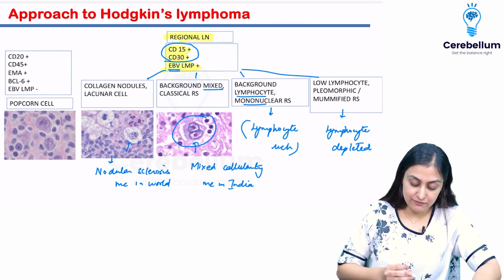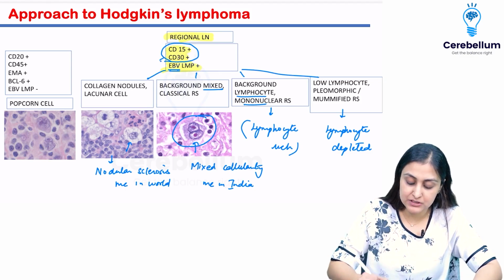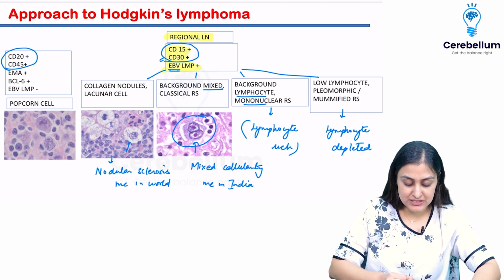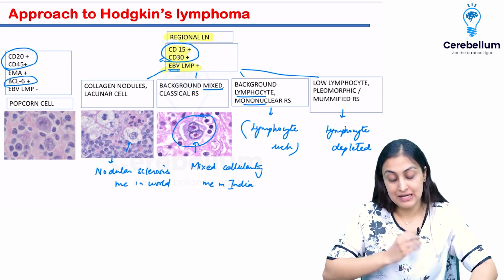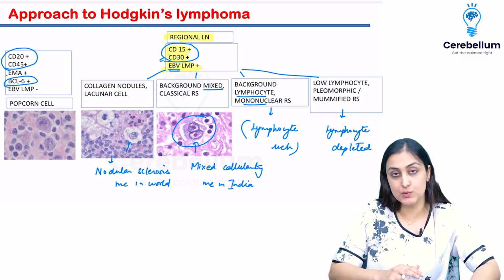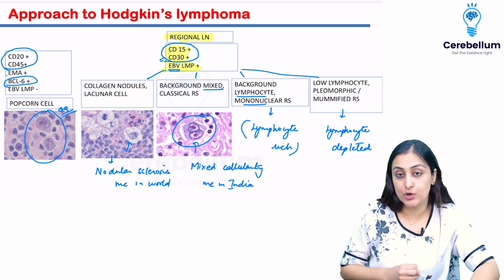Coming to the one which is going to be more likely to be asked, wherein you don't have the typical 15/30 positivity, but you have CD20/45 positivity and BCL6 positivity. EMA is also a marker which can be positive, but EBV is not associated with this type. The kind of cells you see are popcorn cells. Very, very important clue.